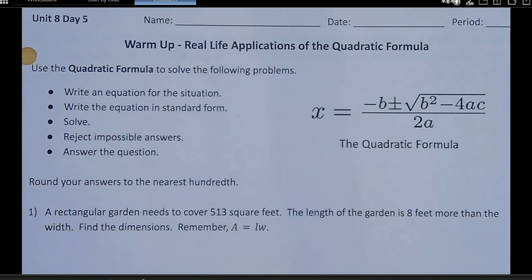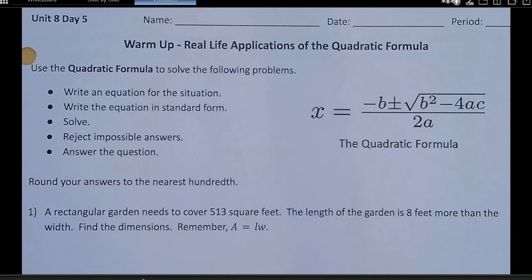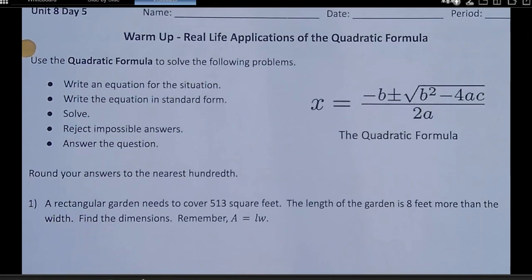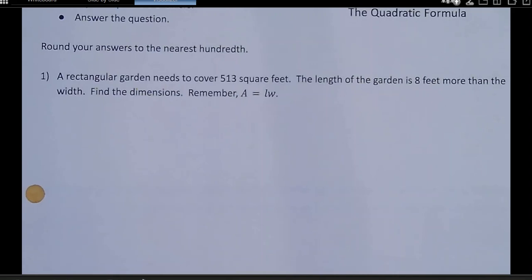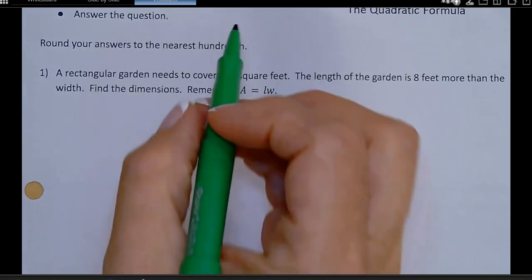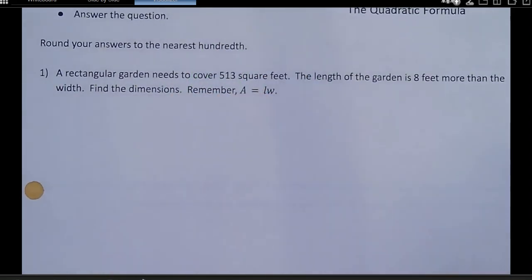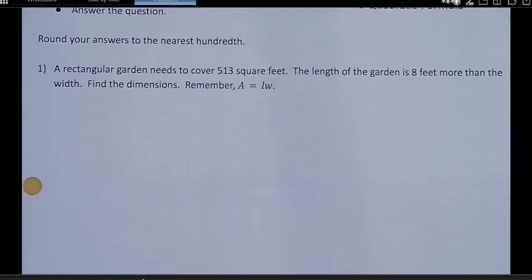We're not going back in time, so we're just going to reject a negative time answer or negative distance or negative length or something like that. Once we've gotten rid of our impossible answers, we're going to answer the question that was being asked and move forward from there. In this case, we're going to round our answers to the nearest hundredth because that's what the instructions tell us, and so we're not going to leave anything in radical form.